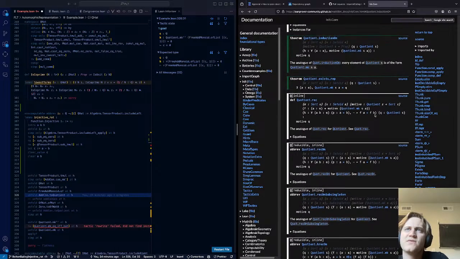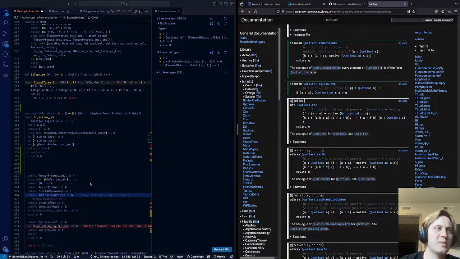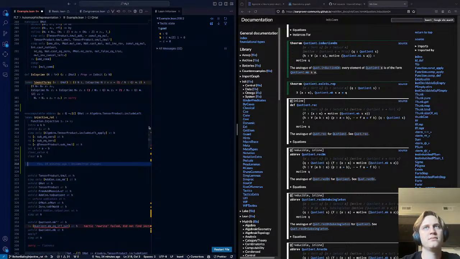See, it's very hard to read this. I wonder what would happen if I simply tried to apply this. Q of type quotient S, right?